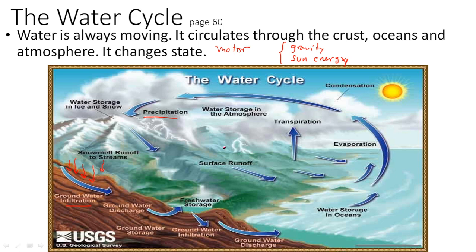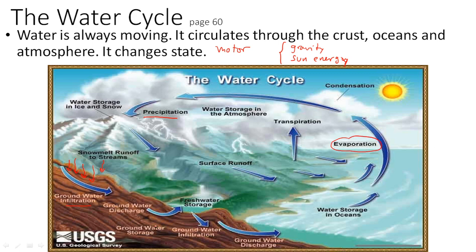Good. So both streams of water, estas dos corrientes de agua superficial y subterránea, they reach the ocean or the sea. This water in the ocean goes up to the atmosphere by a process called evaporation.